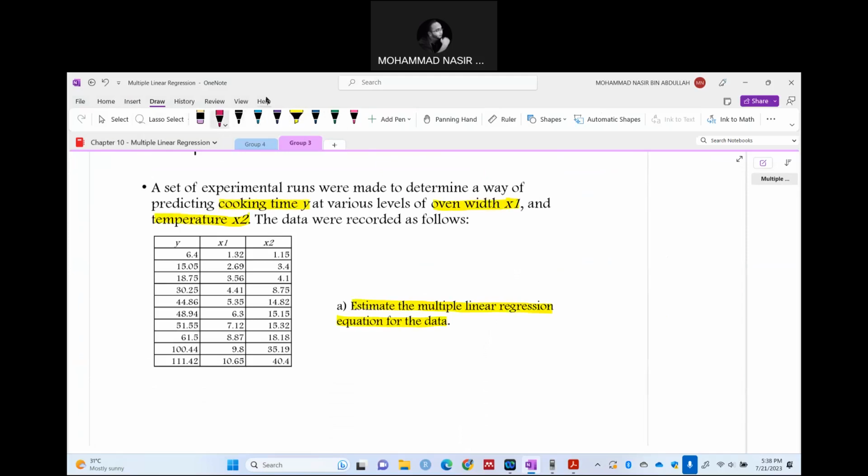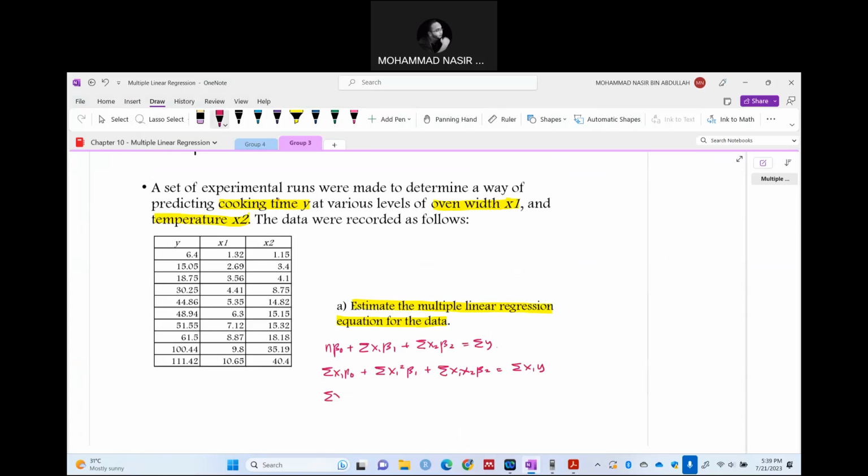So to estimate the multiple linear regression equation, we need to use n beta naught plus summation of x1 beta 1 plus summation of x2 beta 2 equal to summation of y. And summation of x1 beta naught plus summation of x1 square beta 1 plus summation of x1 x2 beta 2 equal to summation of x1 y.